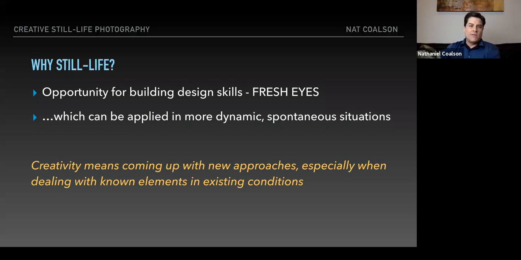Keep in mind here that creativity always really means coming up with new approaches, right? You're trying to do things differently than you have done before, especially when you're dealing with elements in a known situation.